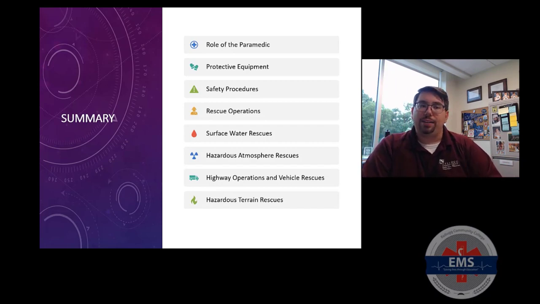We talked about hazardous atmosphere rescues and the concerns with lack of oxygen in those environments, and the potential for other hazards. And then highway operations as one of the most dangerous aspects of EMS that we deal with, along with proper vehicle rescue and knowing that the technology in vehicles today poses a bigger risk to rescuers than it has in years previously. And last, we talked about a number of different types of high angle and low angle hazardous rescues on different types of terrain and the equipment utilized.